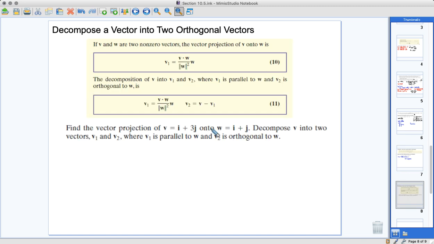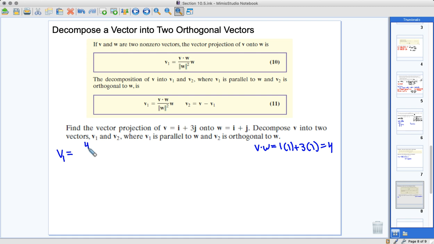All right, so decomposing one vector into two orthogonal vectors. Okay, so basically, we're going to take v and w and break v down into v1 and v2. Okay, so we're going to follow this formula. So to find v1, I need to find the dot product. So v dot w is 1 times 1 plus 3 times 1, which is 4.